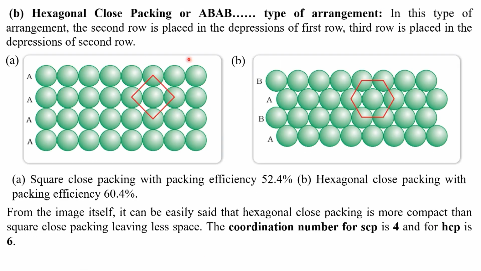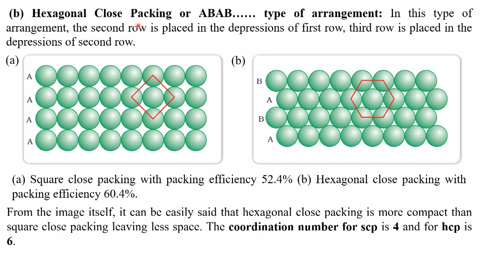This is shown here, square close packing. If you see, this is the sphere, we are putting at top of this one another sphere A. For this sphere we are putting another sphere here. So this is 1-dimensional, this is another dimension, 2-dimensional.